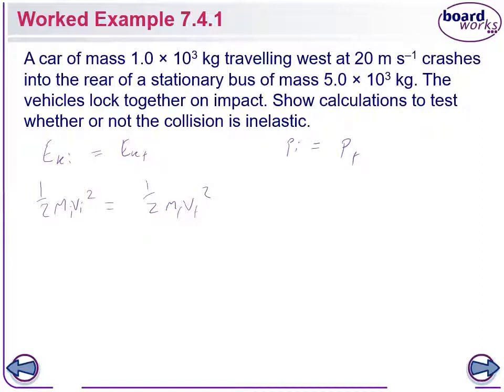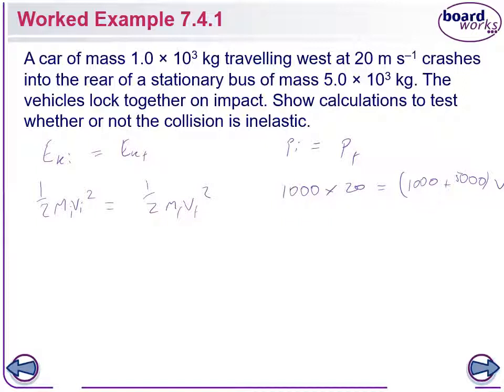So momentum initial, m v: our car's mass is 1,000 multiplied by 20, which is equal to our momentum final, the mass of the car plus the mass of the bus, multiplied by v.